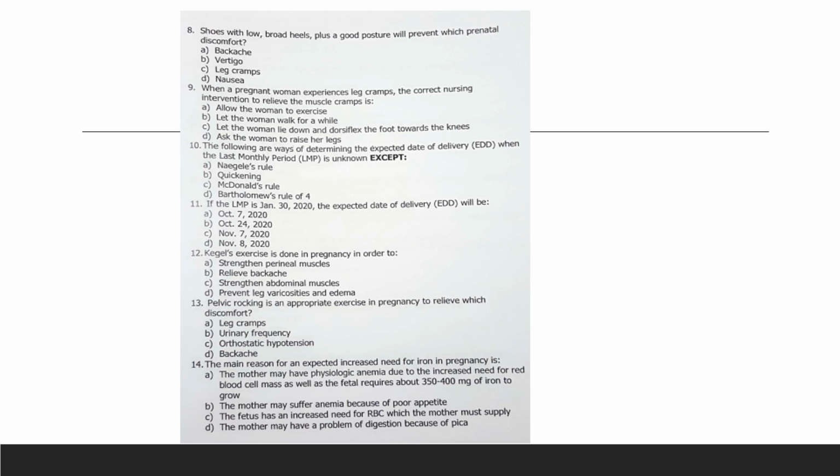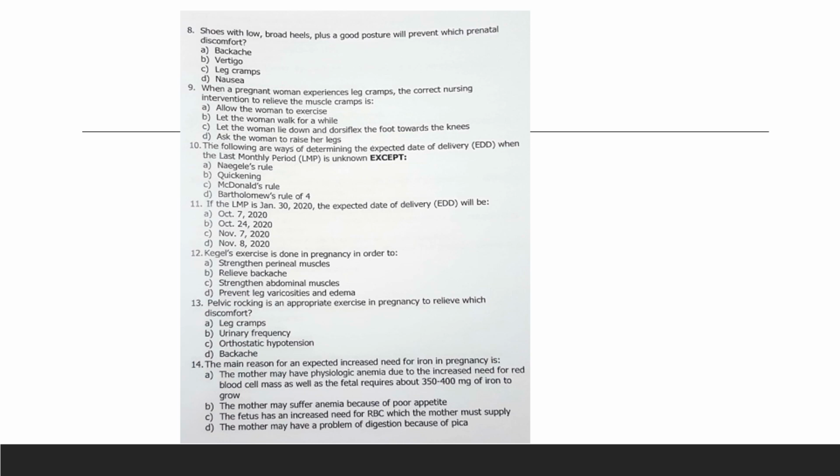Question 12. Kegels exercise is done in pregnancy in order to, the answer is D, prevent leg varicosities and edema. Okay. 13. Pelvic rocking is an appropriate exercise in pregnancy to relieve which discomfort? 13, the answer is D, backache.